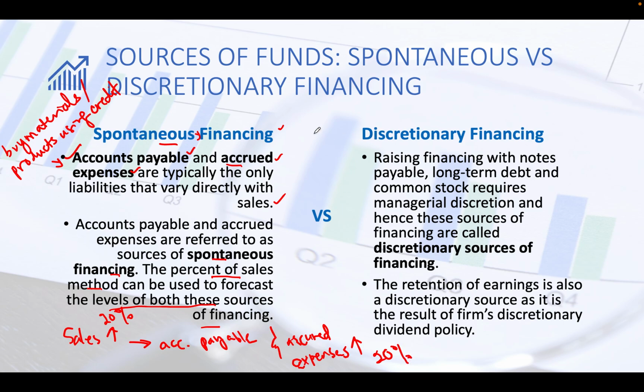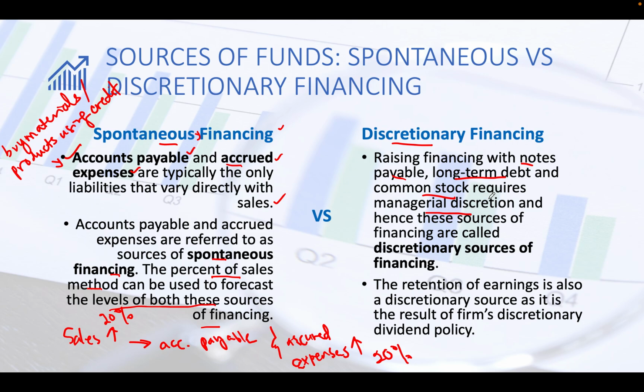Okay. The second type of financing is discretionary financing, whereby raising financing with notes payable. This is debt, long-term debt, hutang-hutang jangka panjang, tambahan modal dalam common stock. All this, they require managerial discretion.